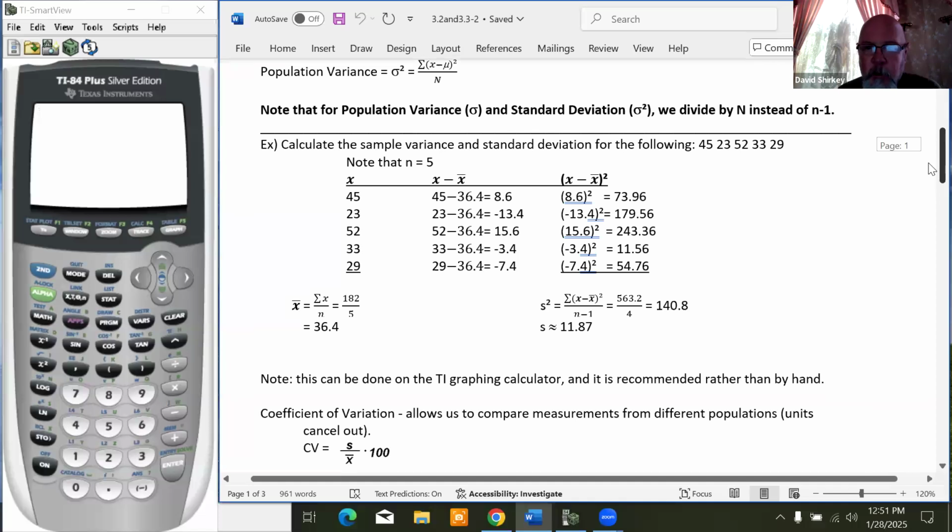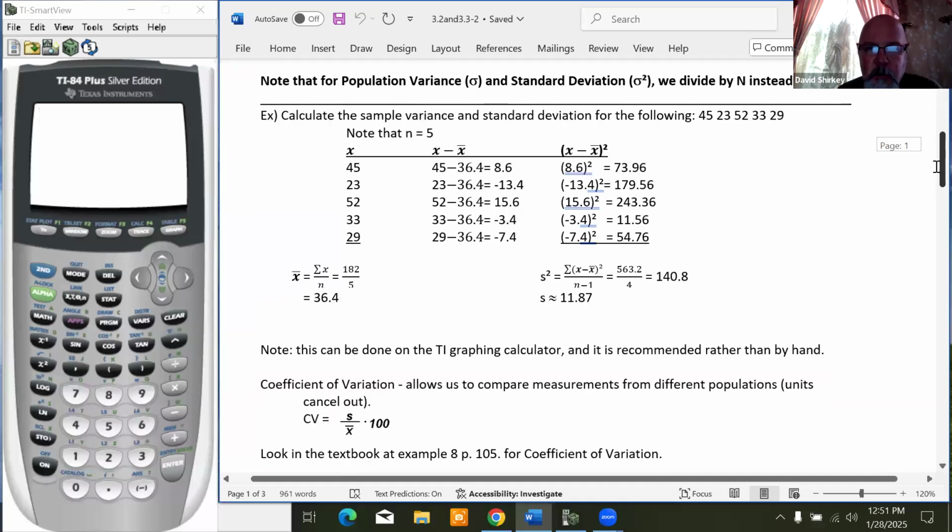So here's an example that I've typed out to show you if you're doing this without a graphing calculator. Calculate the sample variance and sample standard deviation for the following, and I just made up some numbers here: 45, 23, 52, 33, 29. Note that the sample size n equals 5, right? If you're doing this with a regular calculator, not a graphing calculator, you start with the x column.